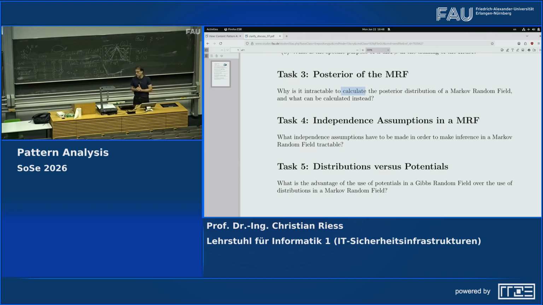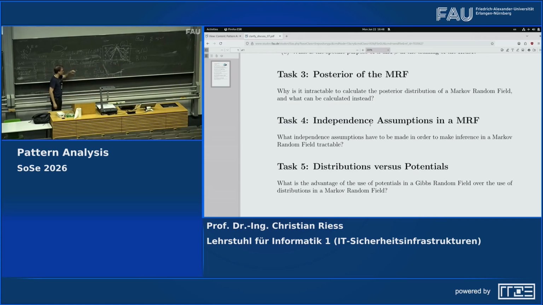Yeah? And this is where the independence assumptions come in. So the independence assumptions make the likelihood and the prior tractable.